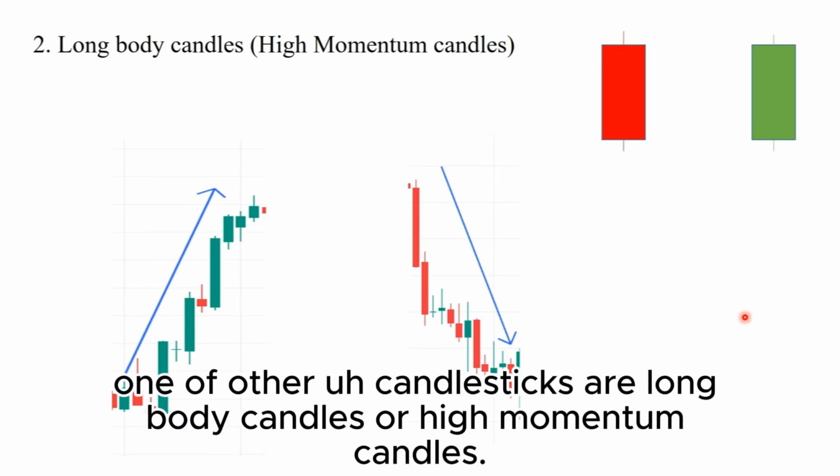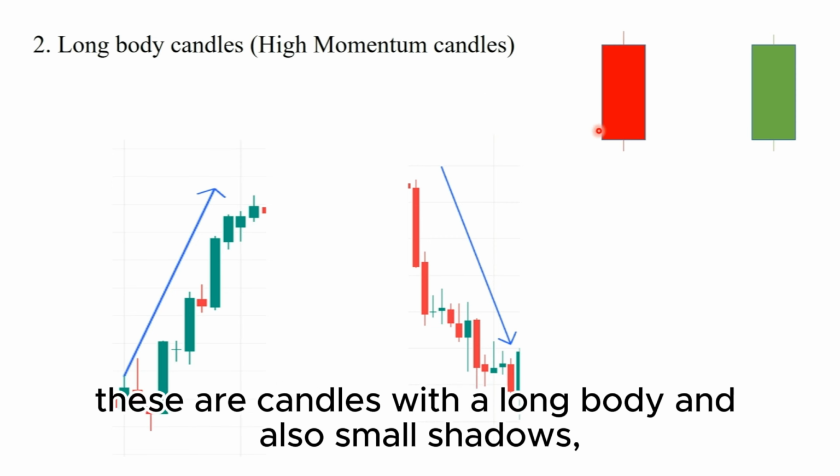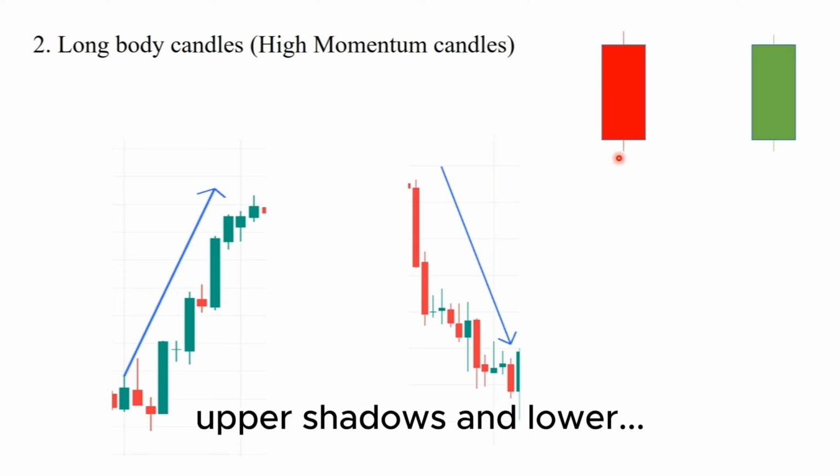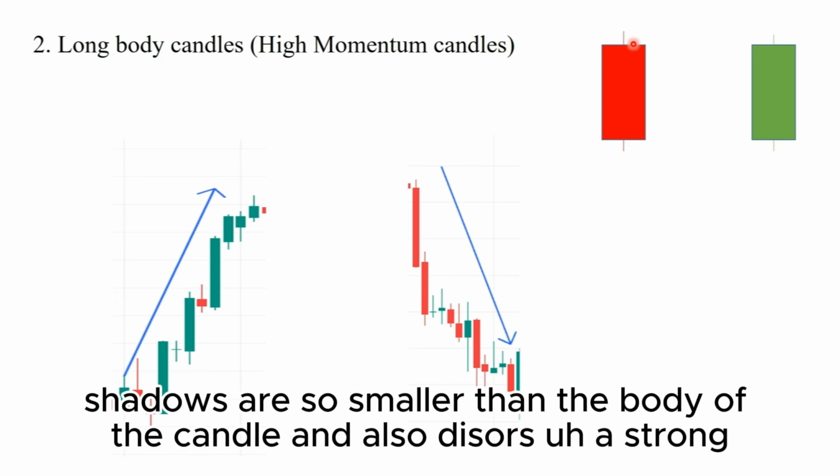Another type of candlestick is the long body candle, or high momentum candle. These are candles with a long body and also small shadows. The upper shadows and lower shadows are much smaller than the body of the candle.